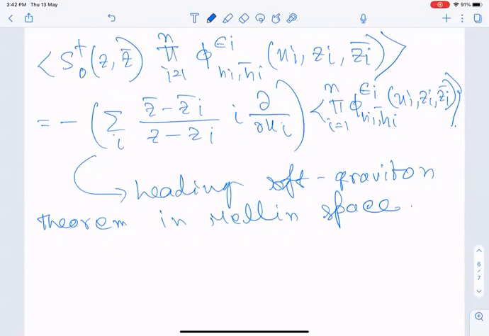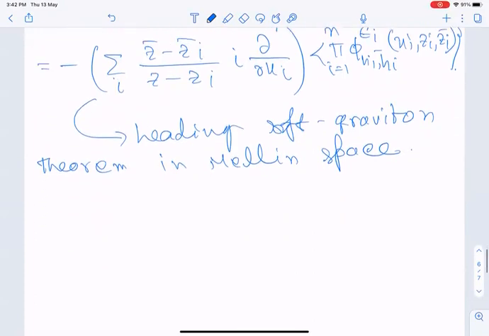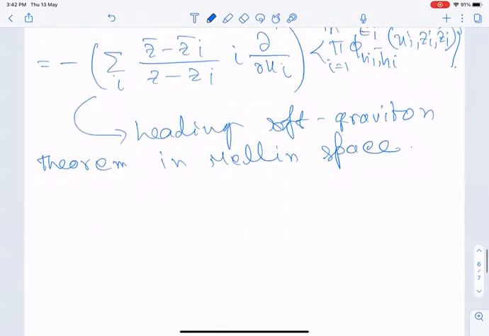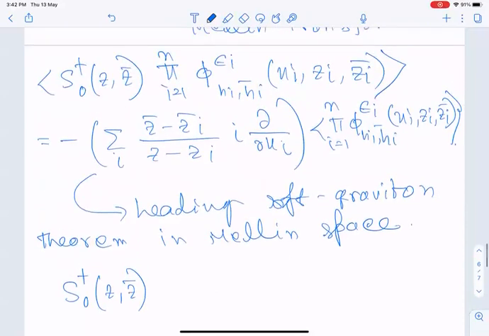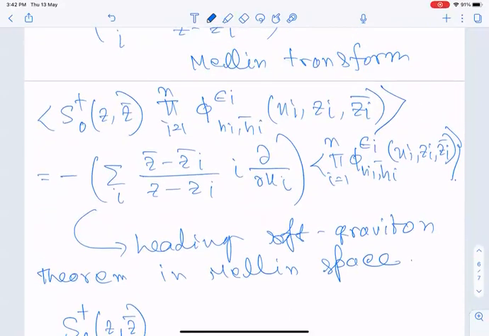Okay, so now we have to do something more actually to get this thing. So what we get is that you have this S plus. So now what we can do is the following. Note that on the right hand side there is a single power of z bar.